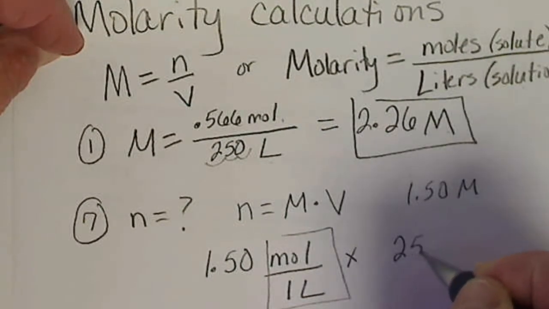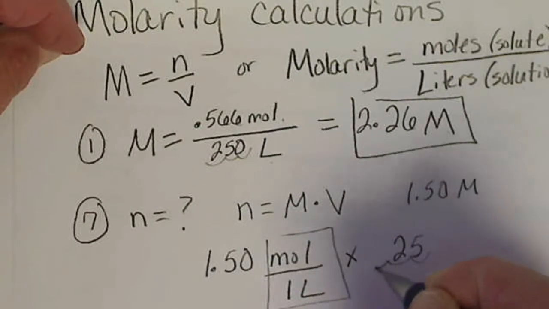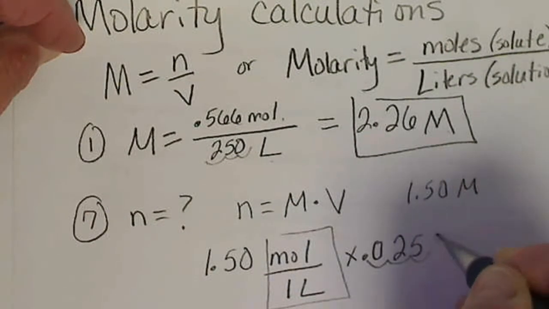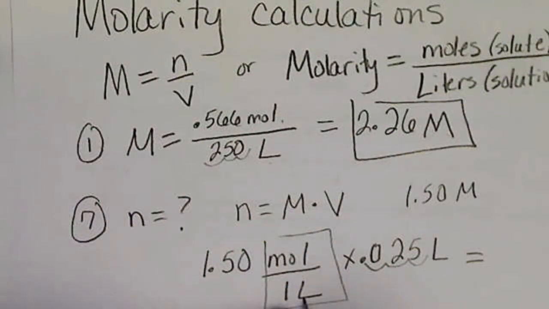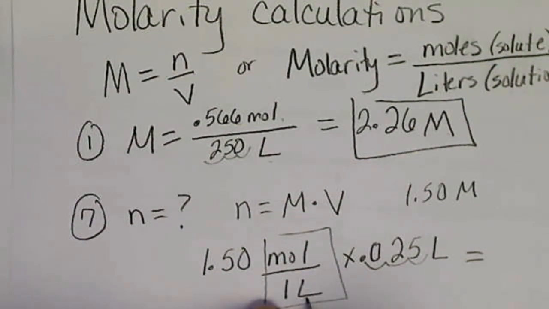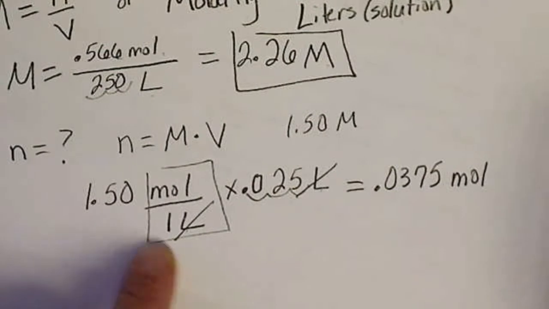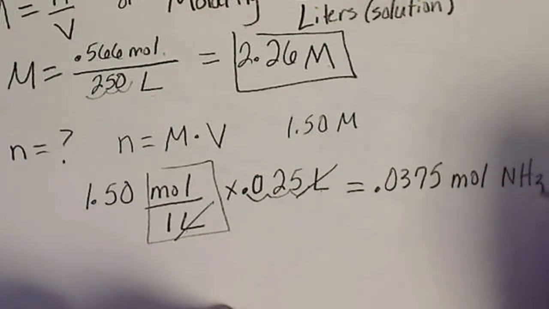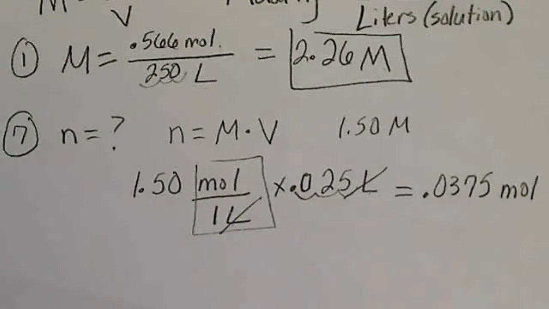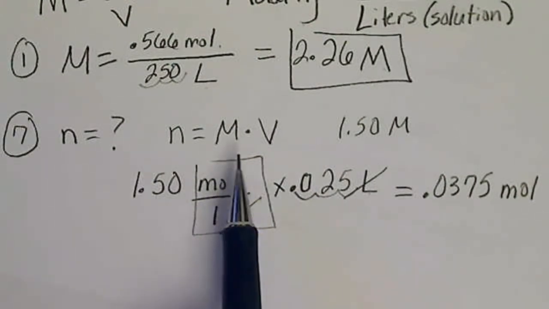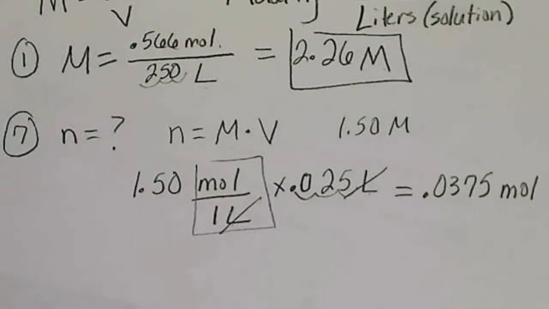So if we write down 25 milliliters, move the decimal 3 places to the left, that is going to be molarity, capital M, which has 2 units, times volume, so the liters cancel, and 1.5 times 0.025 gives us 0.0375, and that would be moles of NH3. So again, solving for moles is the most common use when we're given a molarity and a volume.